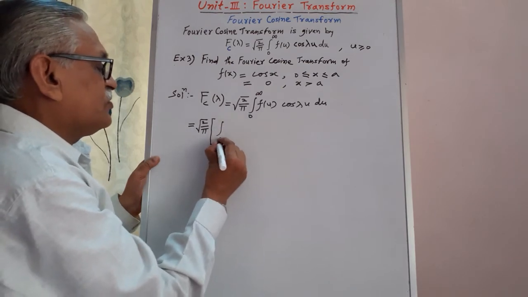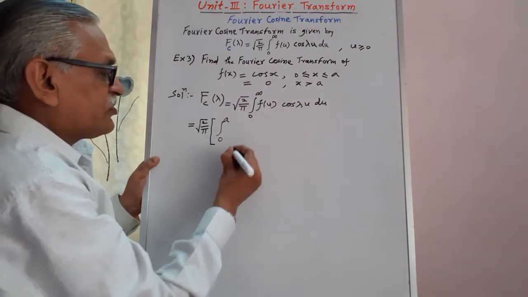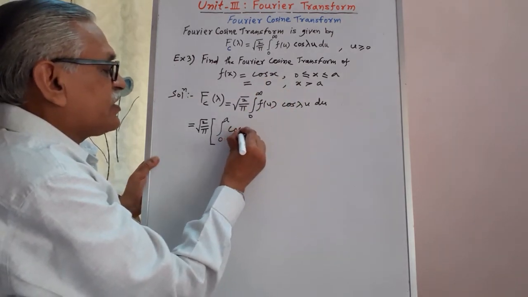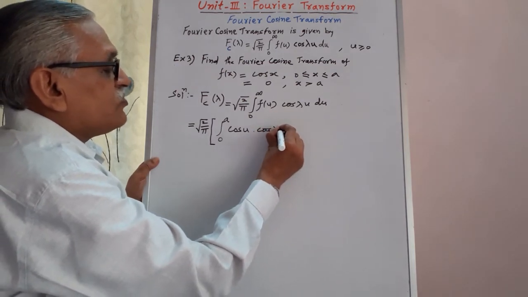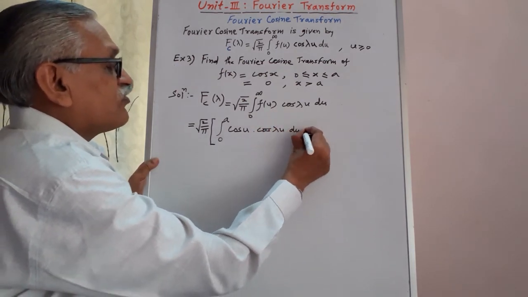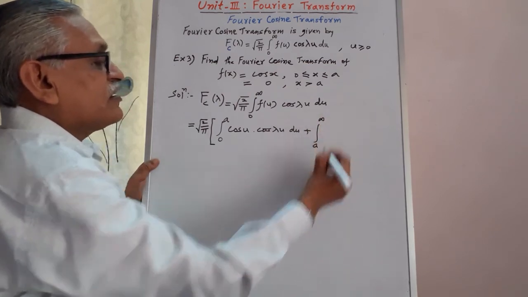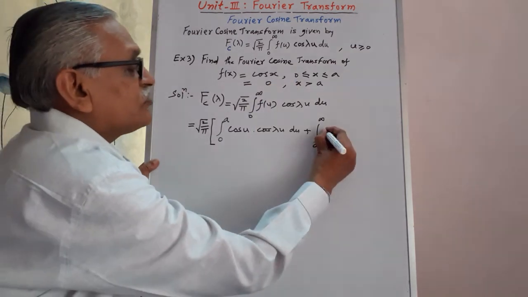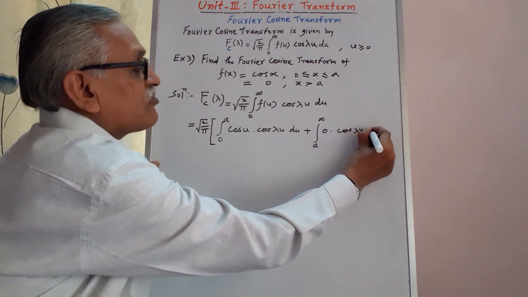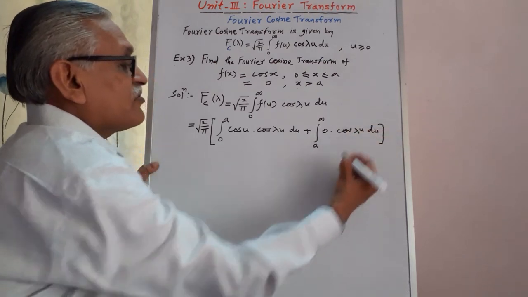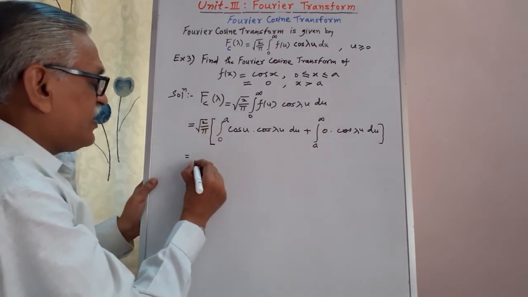First 0 to a, in 0 to a that function is cos x, replacing x by u we get cos u multiplied by cos of lambda u, then a to infinity, its value is 0 into cos of lambda u, then this term becomes 0.